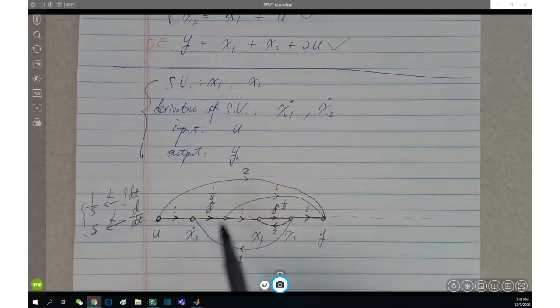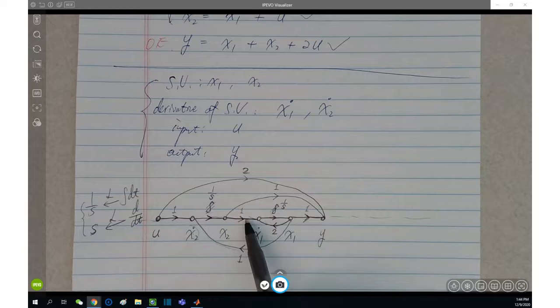How about here? x2 to x1 dot. Is it possibly open? Shouldn't it not be open because aren't they all related to a system? No. This is absolutely possibly open as well. Yep, Alex is right.